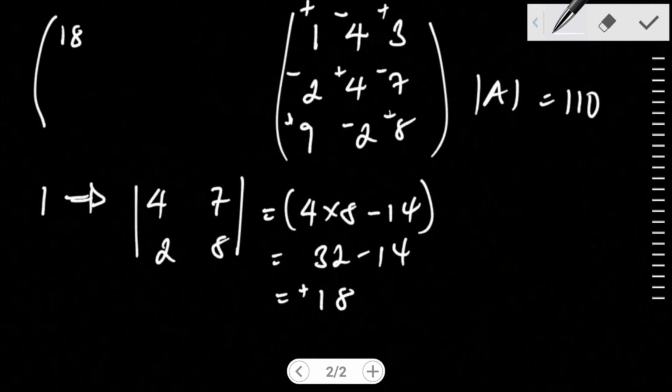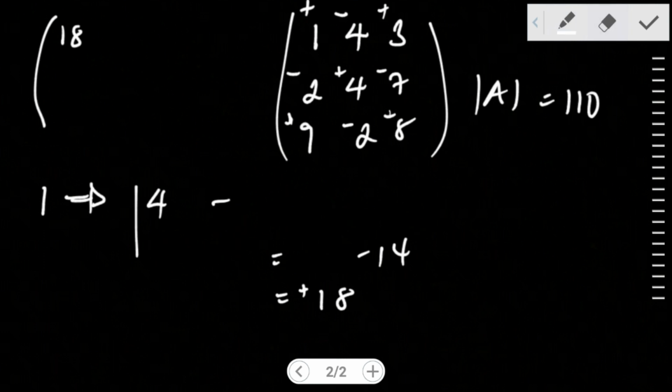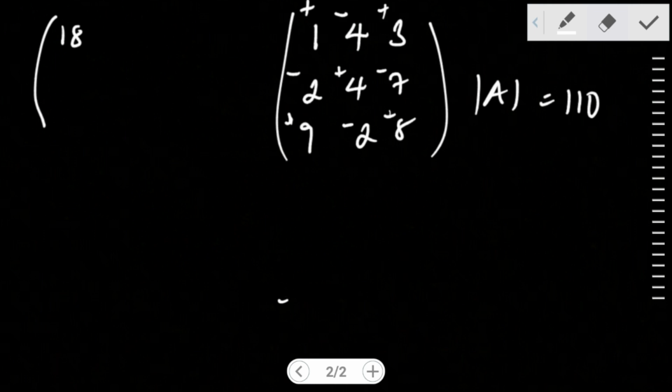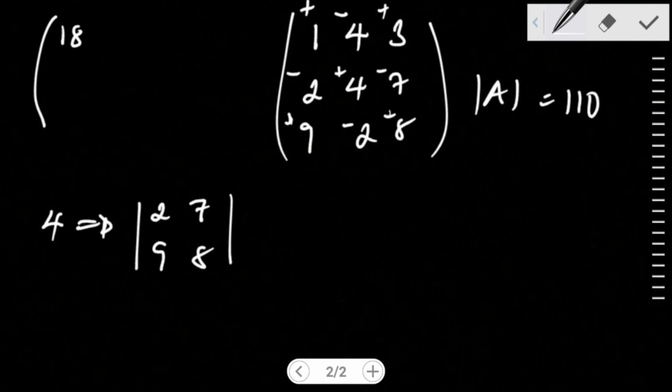Now let's determine the cofactor of 4. For the cofactor of 4, in this case we shall have 2, 7, 9, and 8. This is going to give us 2 times 8 minus 9 times 7.